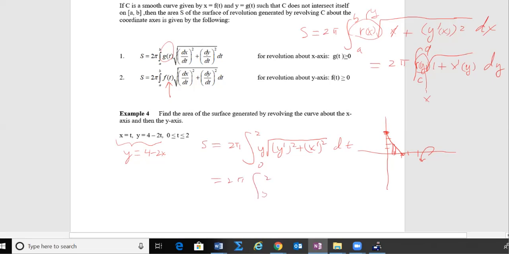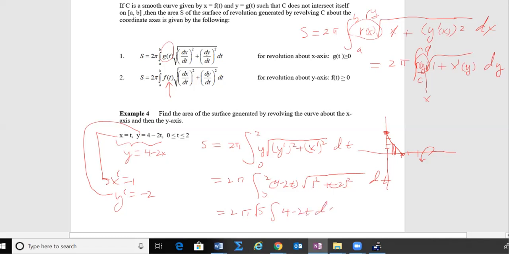Now y is equal to 4 minus 2t. And now we'll put in the derivatives. That's a dt. Okay, so derivatives. In here, x prime equals 1, and y prime equals negative 2. So we have a 1 squared plus a negative 2 squared. That's 2 pi. All of that's just the root 5. So we have a root 5 out here. And we have 4 minus 2t dt.